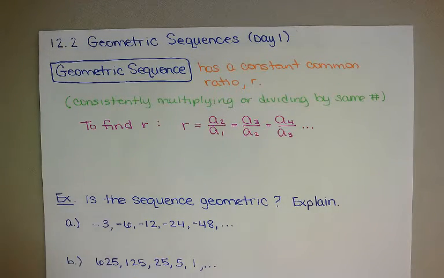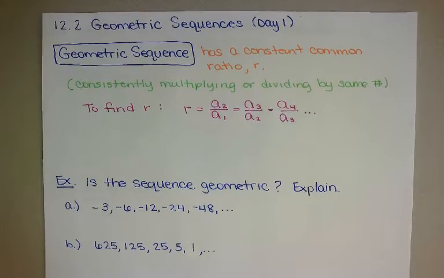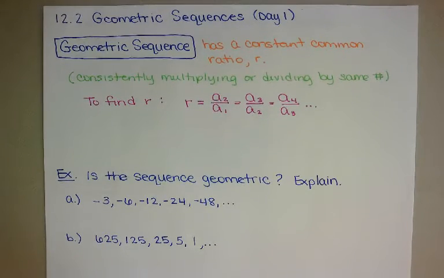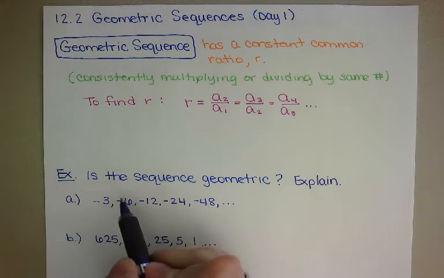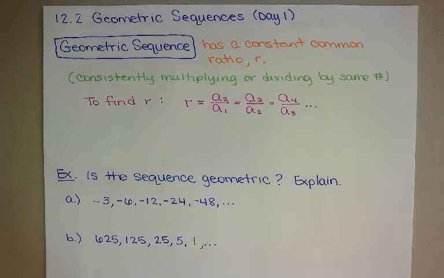So on the first couple of examples, let's figure out whether the sequence is geometric or not. All right, so from -3 to -6 to -12, are they consistently multiplying or dividing by the same number?